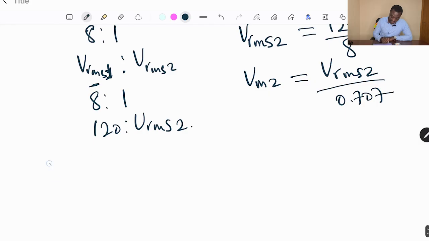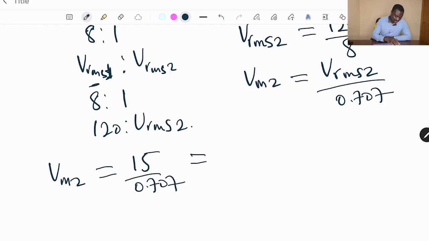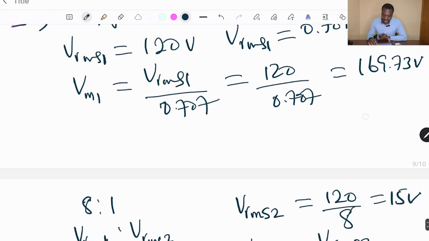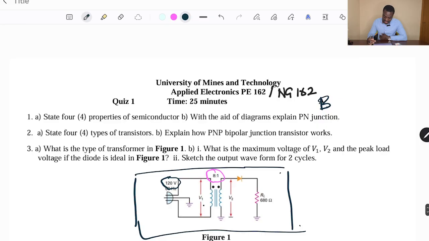So we have 15 divided by 0.707, and that will give us 21.22 volts. So we've now gotten the maximum voltage.